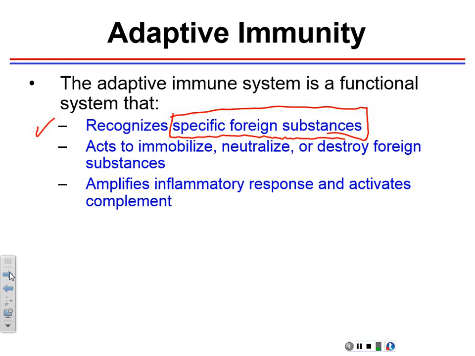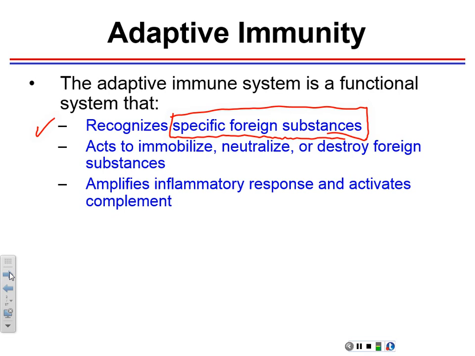So the first time the body is exposed to a microorganism, it is naive, it doesn't know about that microorganism, so we'll start talking about primary response. After that, the body will build up memory cells, like memory B cells, memory T cells, memory helper cells, that will recognize it the second time the body is infected, and then it will launch a more robust secondary response, right?